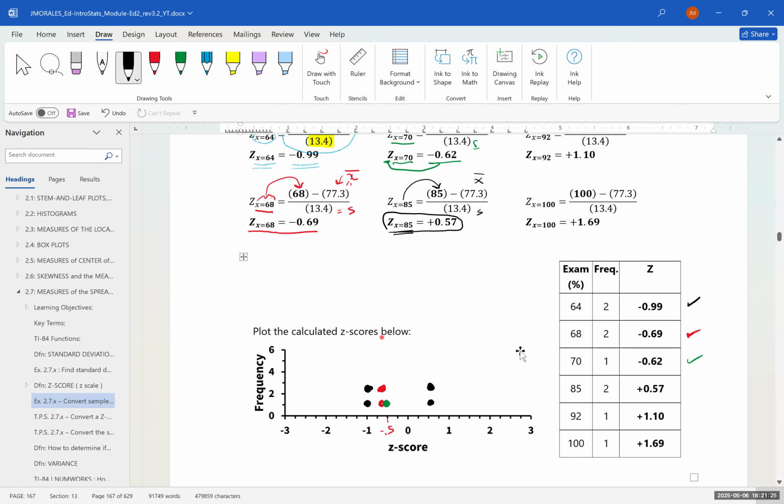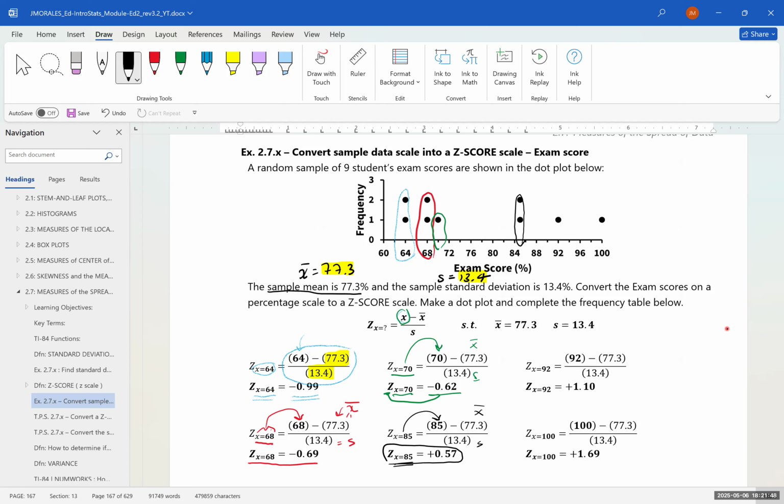All right, so notice that the z-scores that we calculated previously were all negative. And this is the first one that's positive, right? Why is that the case? Well, if we look up here, our sample mean was 77.3. So 76, 78, 77.3 would maybe be somewhere right about here.